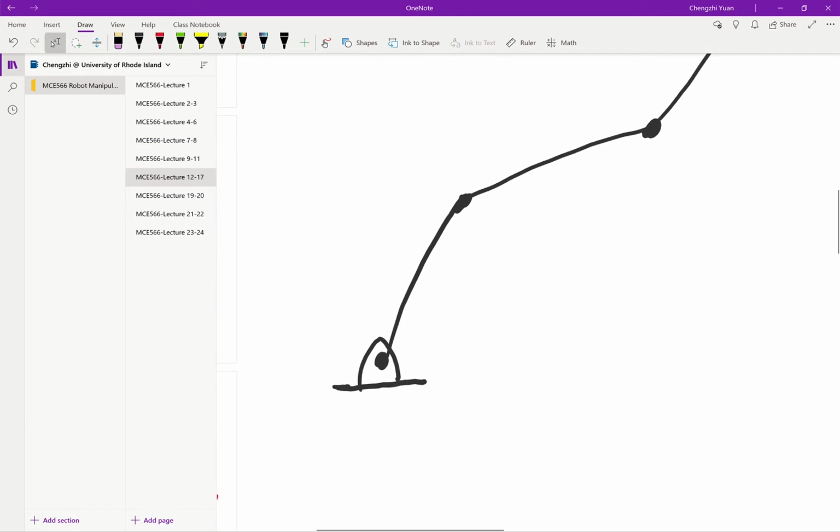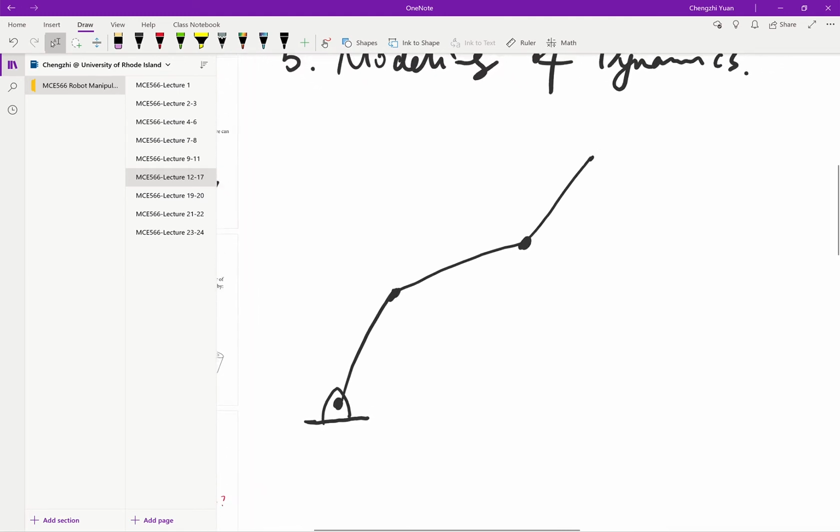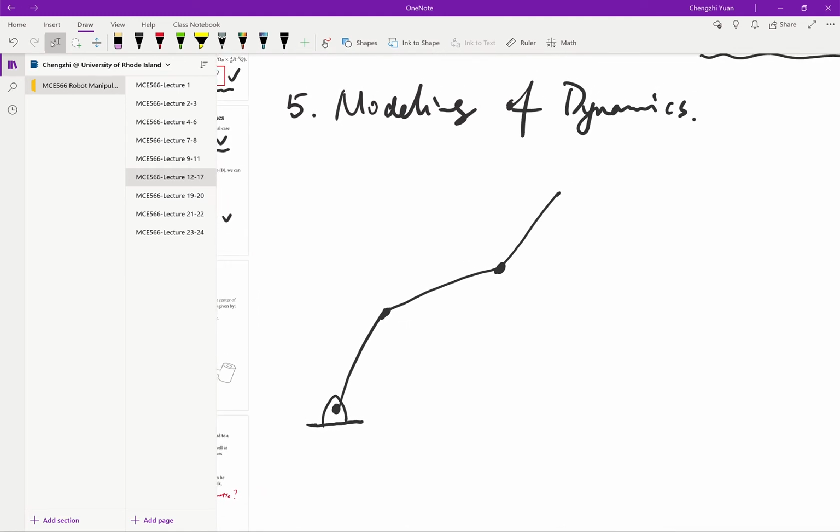Given this objective, you can see that we are trying to calculate how much torque, let's say tau 1, tau 2, tau 3, we need to generate in order to make sure that this manipulator will follow some desired trajectory, not static, but moving. We can specify this trajectory, for example, for joint 1, as the theta 1 trajectory, theta 1 dot, or maybe even theta 1 double dot accelerations.